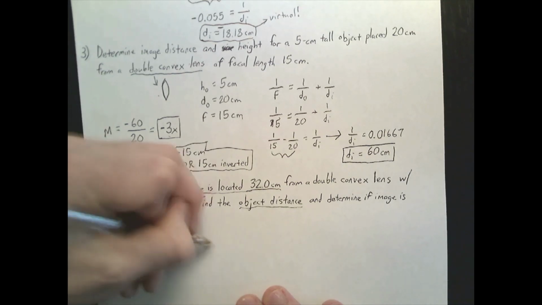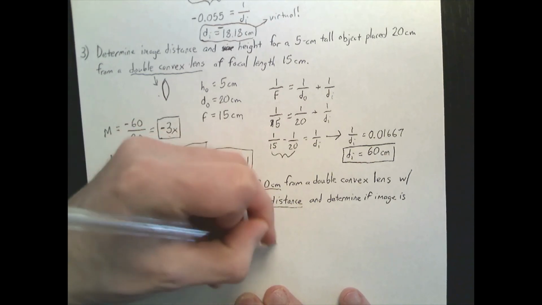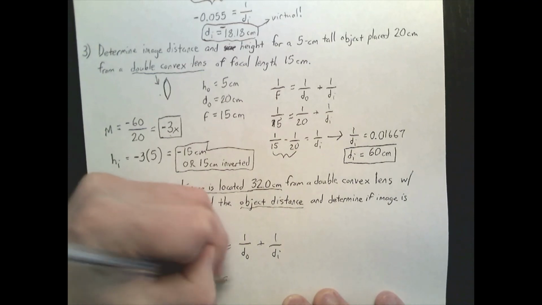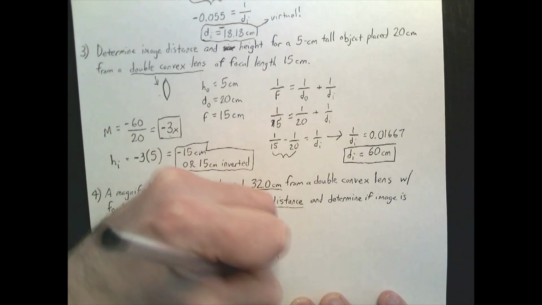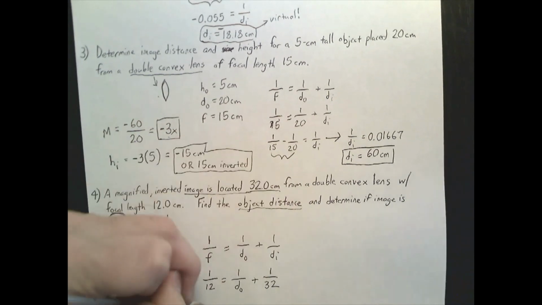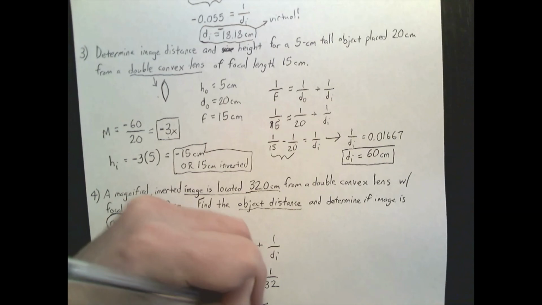Well, hey, we got a formula for that. 1 over F equals 1 over dO plus 1 over di. We have 1 over 12 equals 1 over dO, our variable this time, plus 1 divided by 32. So same general process. We're going to subtract a 32nd from each side, and we get 1 over dO by itself.